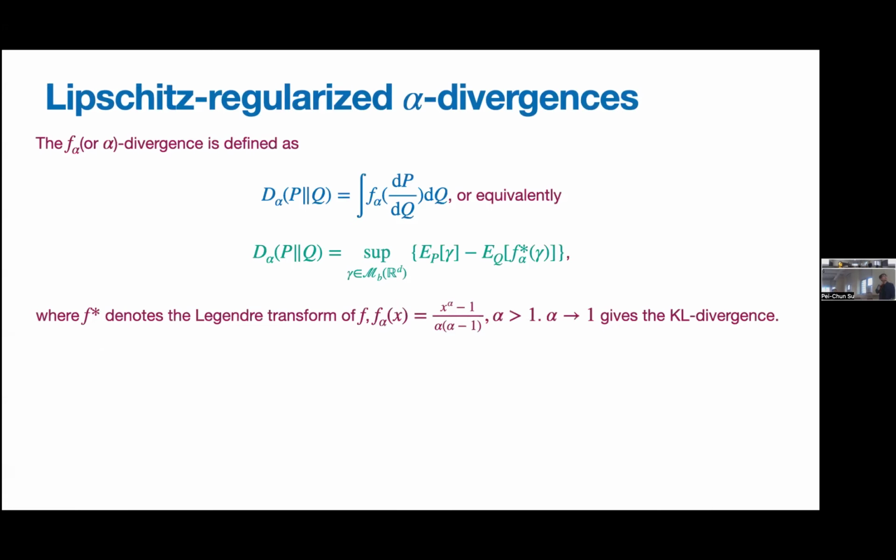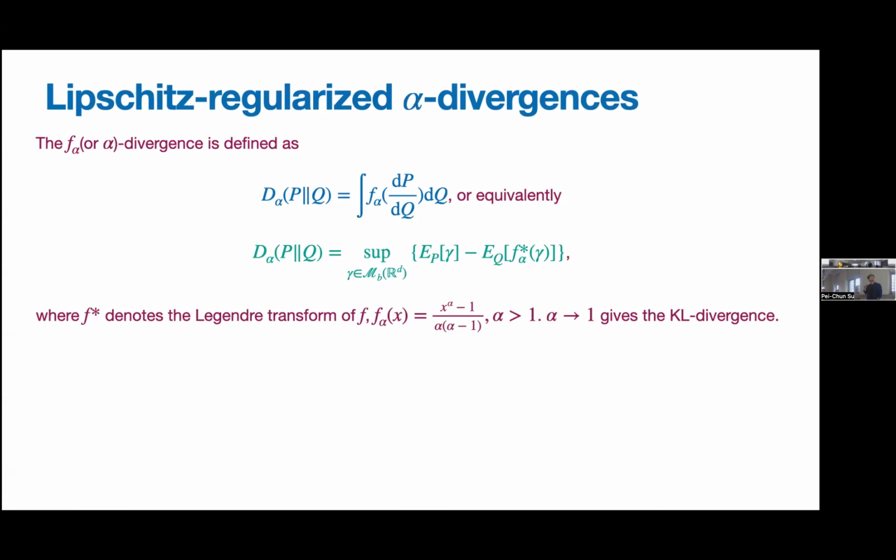So this is a class of divergence I want to focus on: the Lipschitz regularized alpha divergences. Before talking about that, let's review what alpha divergences are. Alpha divergence is defined in this probability density ratio form, where you have f alpha taking in these polynomial-like functions.